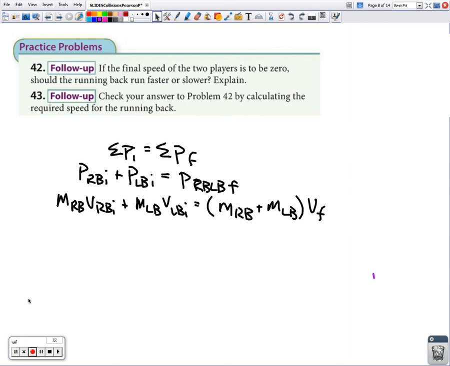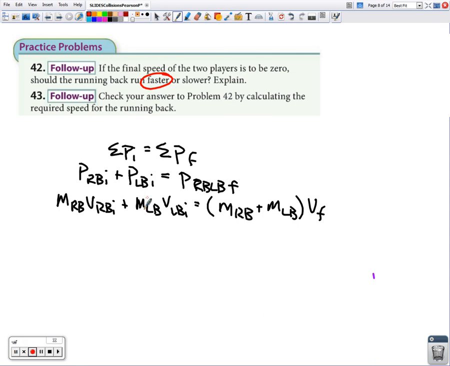Simple answer is the running back's going to have to run faster. In this case, this still applies, even if we want to end up with a final velocity of 0.